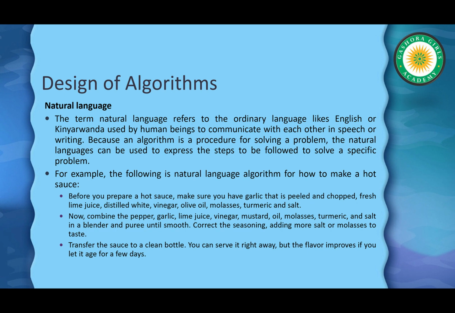For example, the following is a natural language algorithm for how to make a hot sauce. One: before you prepare a hot sauce, make sure you have garlic that is peeled and chopped, fresh lime juice, and all the ingredients required to make the hot sauce.